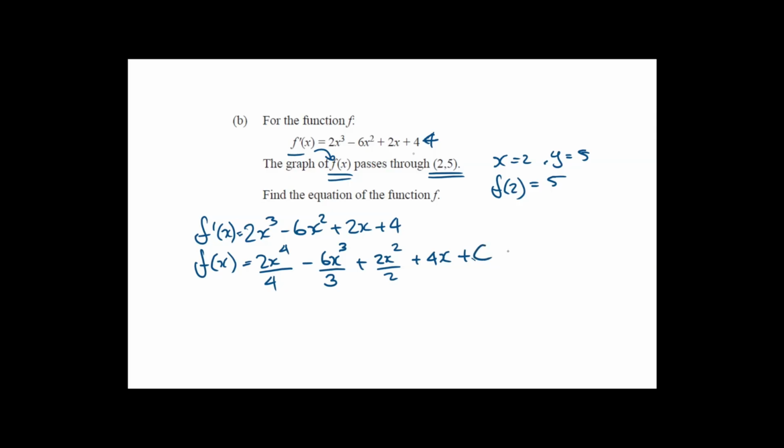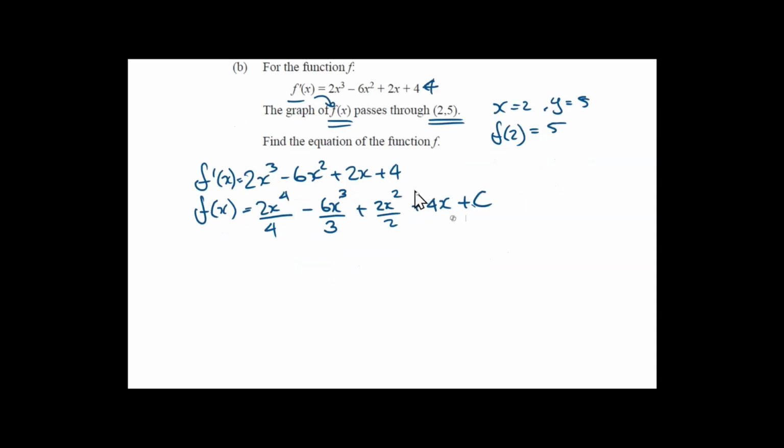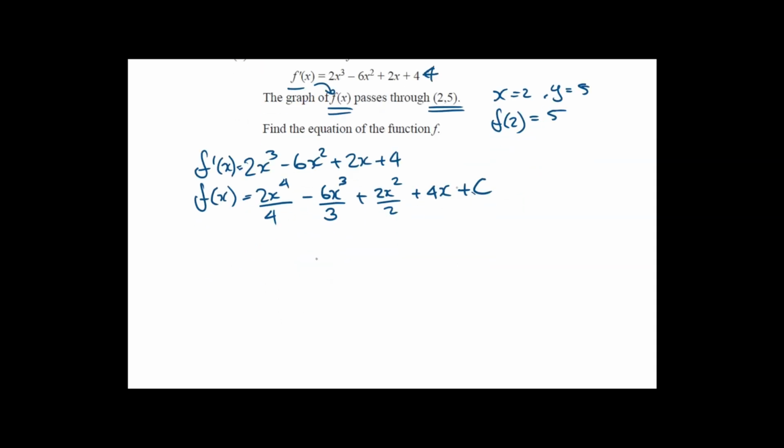So all of the hard work is now going to be in the form of the c. But I'm going to just simplify this a little bit. So this is the same as x to the power of 4 over 2. The 2 and the 4 cancel. Negative 6 over 3 is negative 2x cubed. 2 over 2 is 1, plus 4x plus c.